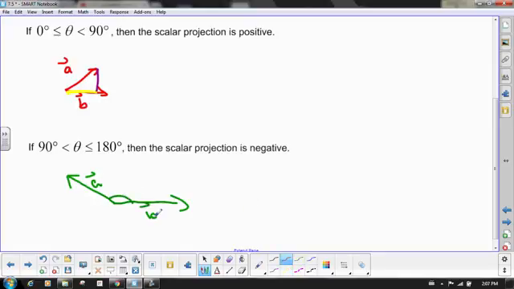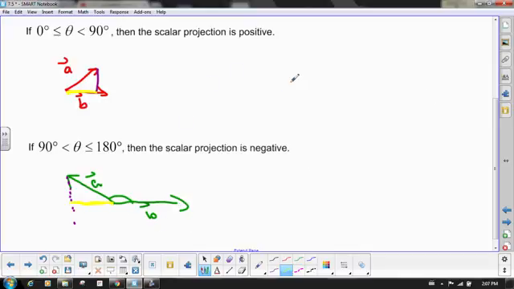If I draw a perpendicular line from the tip of A, it doesn't actually hit B. In order to hit B, I need to extend it. That's this yellow line. This part right here represents the scalar projection of A onto vector B. And it would have a negative value because it's an extension of B in the opposite direction.